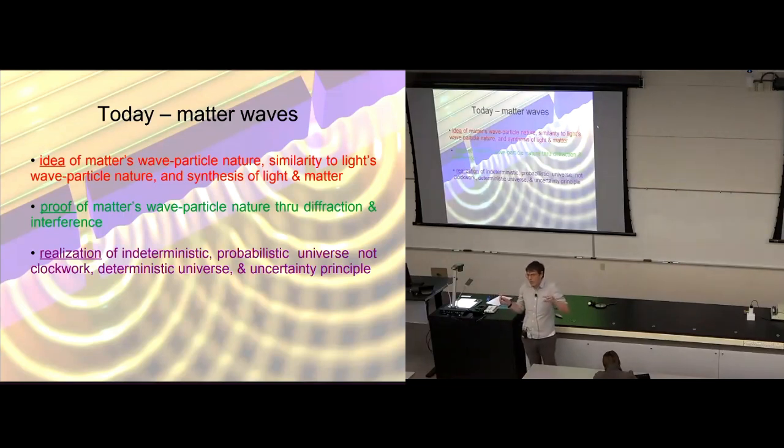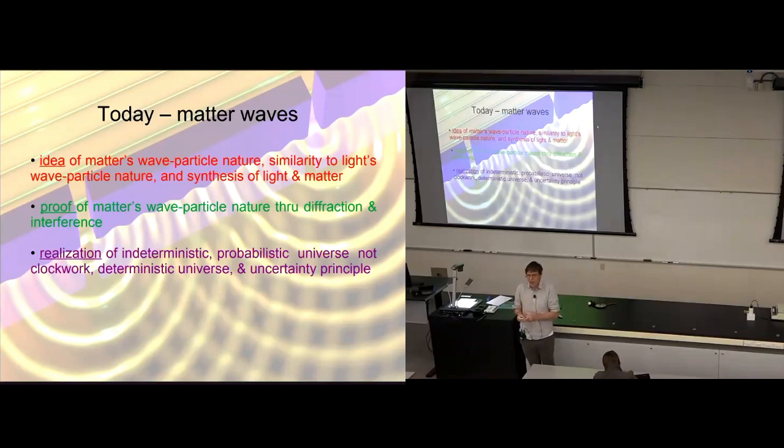wave-particle duality, the existence of matter waves, has a huge implication for our understanding of the nature of the universe. It was really a kind of tipping point from what was a kind of clockwork, classical universe to a more probabilistic, undeterministic universe in modern physics.